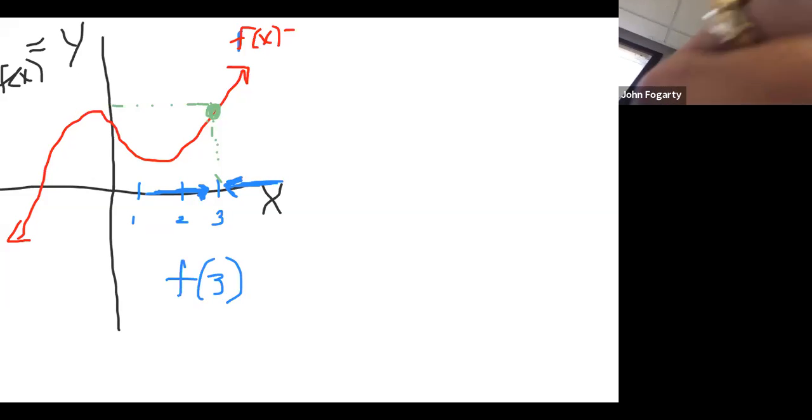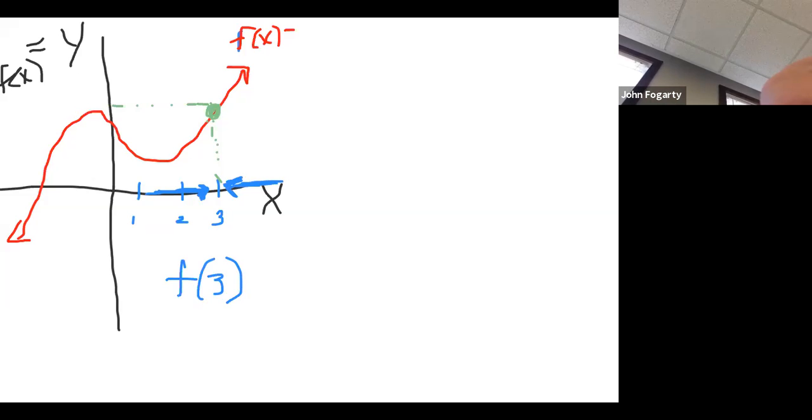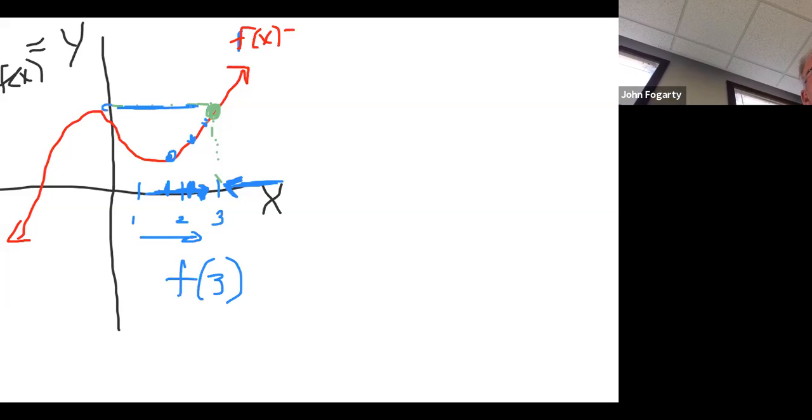Does that make sense? If I was here, there I am. And if I get a little closer, there I am. And I can get infinitely close to 3 from the left. And as I do that, I am approaching whatever this value is here. It's f of x, right?